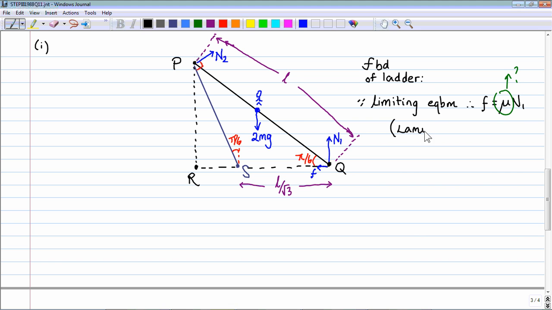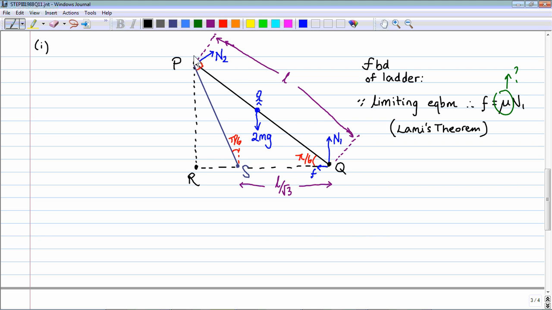I would emphasize that it is certainly possible to find the value of mu by applying Lami's theorem. So you should know that Lami's theorem says that if there are 3 forces acting on a body, which is in both linear and rotational equilibrium, then the lines of action of those 3 forces pass through a single point, and the 3 forces taken together form a complete triangle.